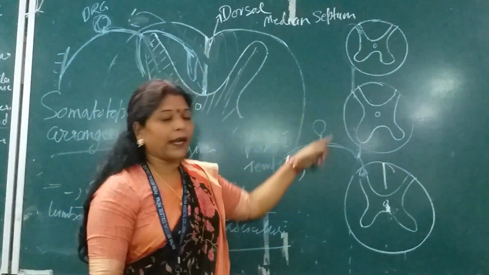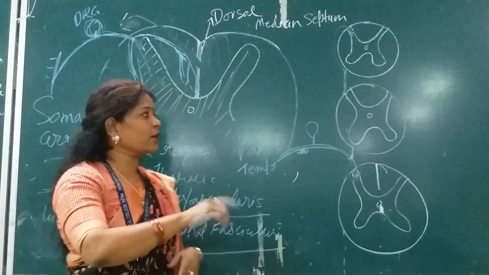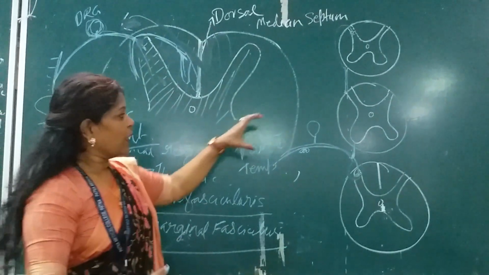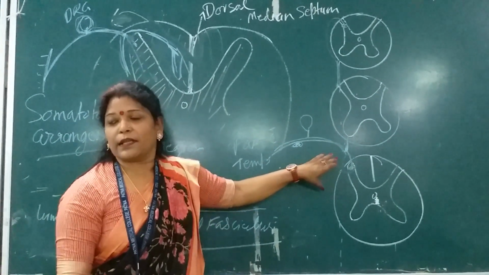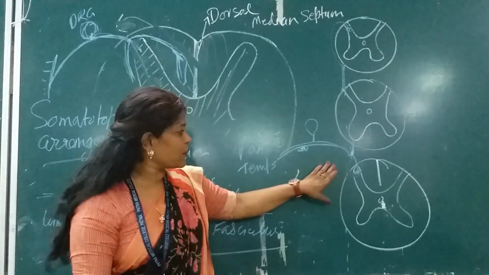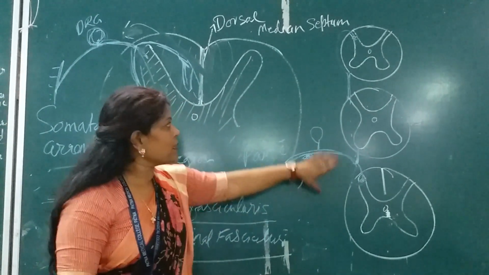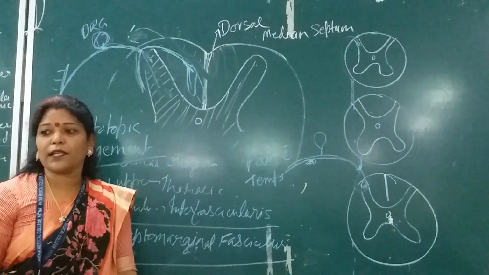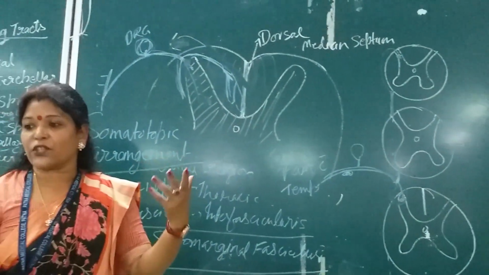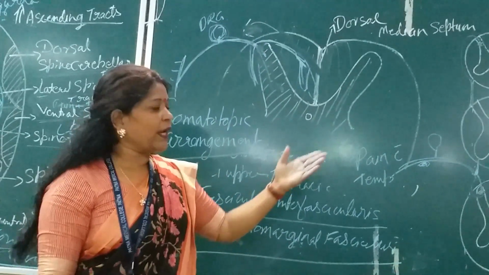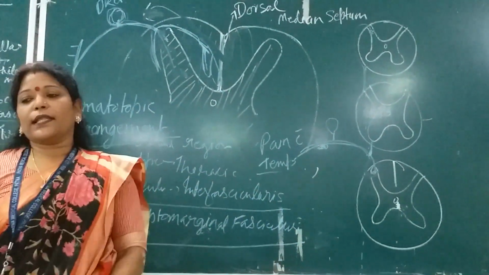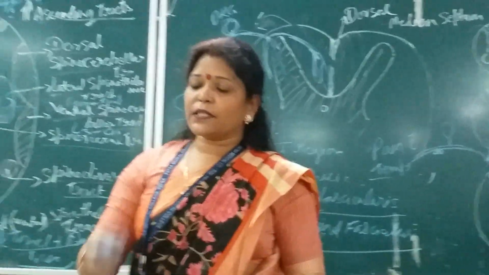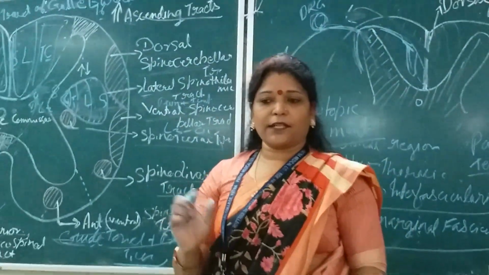This ascending and descending tract surrounds the central process of the fibers of the dorsal root ganglia, and this tract of Lissauer is very important in pain modulation. We will discuss it in the pain and temperature pathway. For the time being, in the next class we will discuss all the ascending tracts in detail. Okay. Thank you.